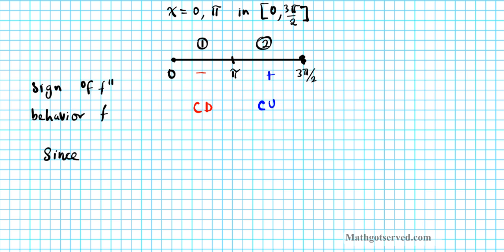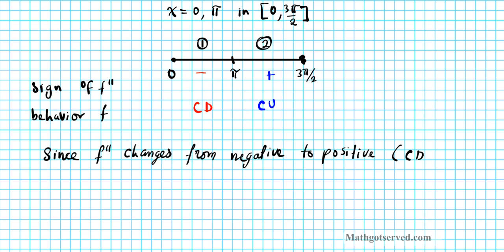So since f double prime changes from negative to positive at pi, you can say negative to positive or from concave down to concave up.